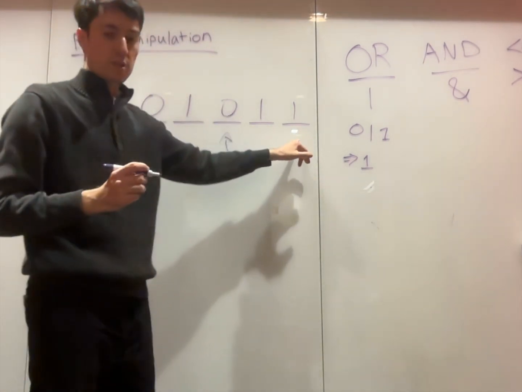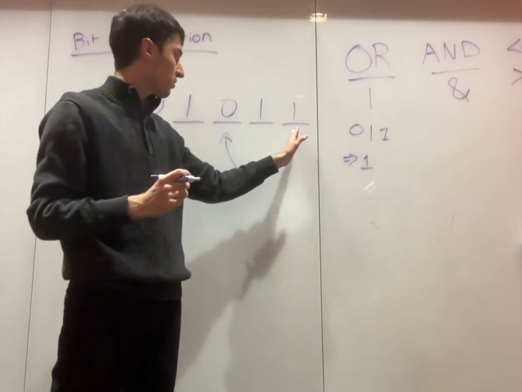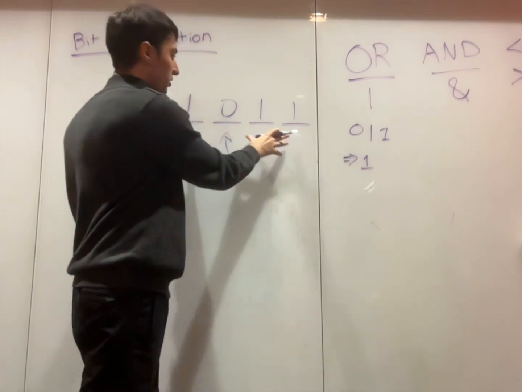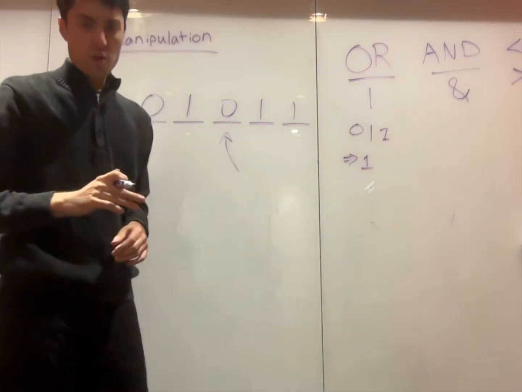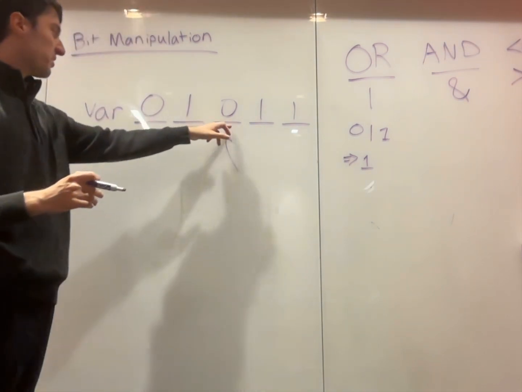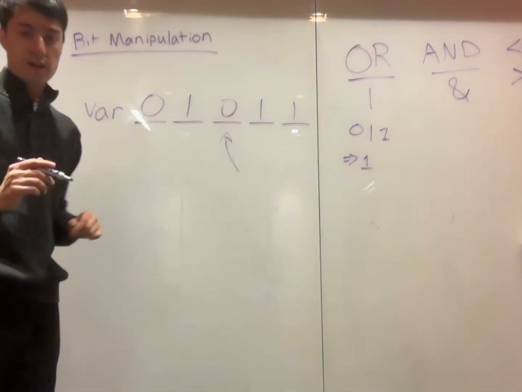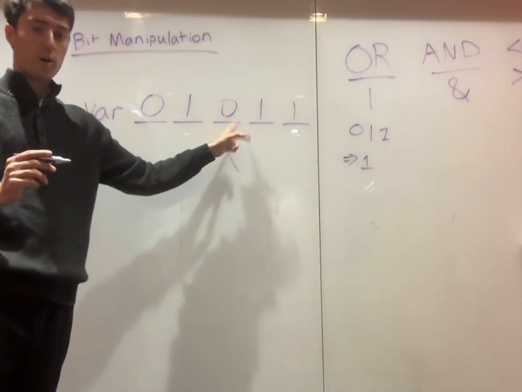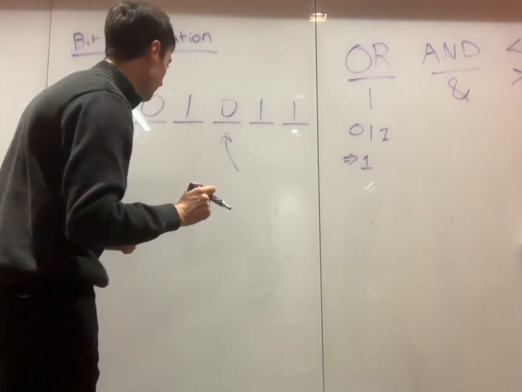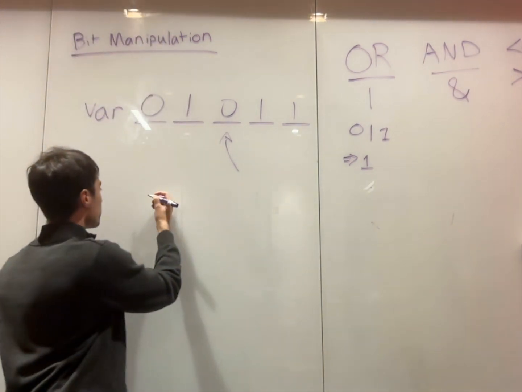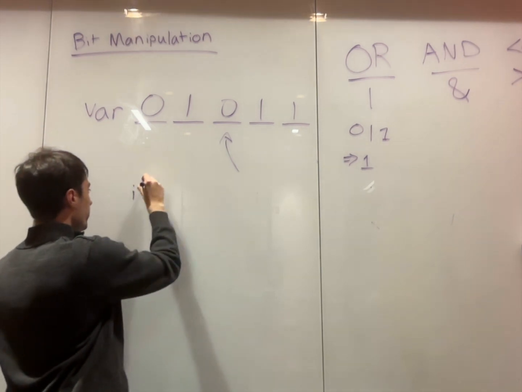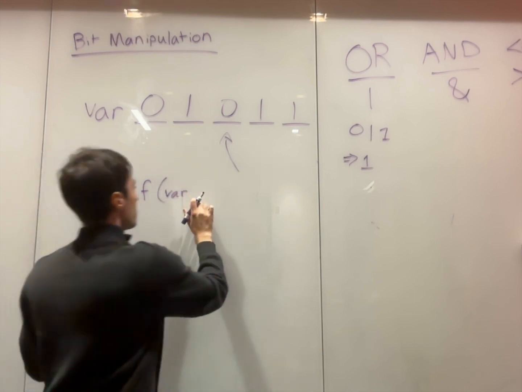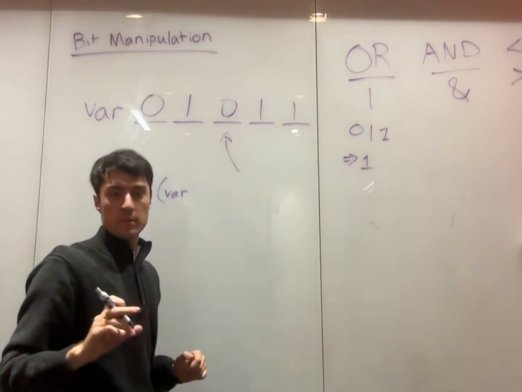The shift operator will take a specific value, a specific place, and shift it over by 1, or you could shift it over by 2. So how do we actually use this to access this variable? If I want to find out if this placement here is set to 0 or 1, I can use a statement like this: if var, then what do I want?